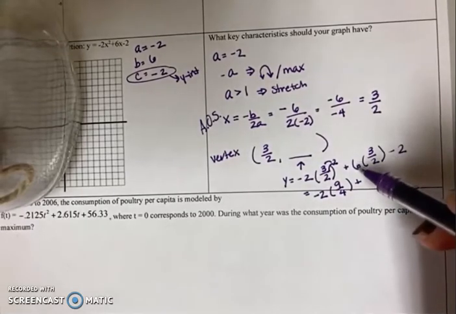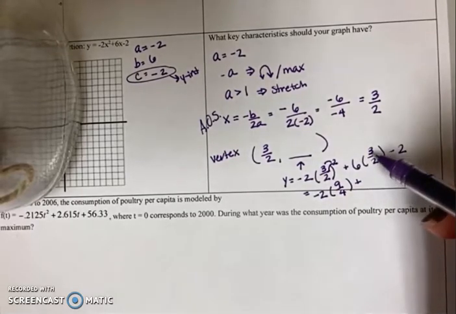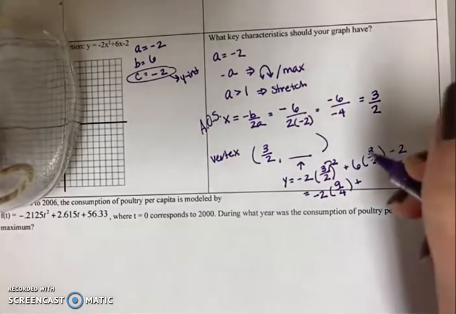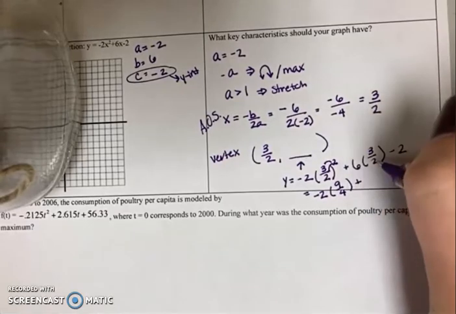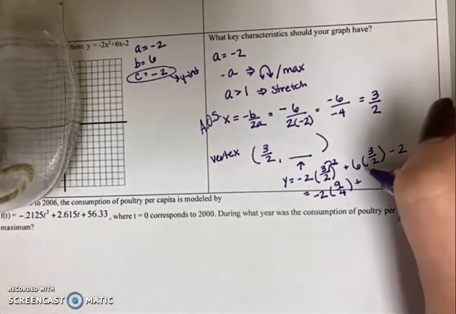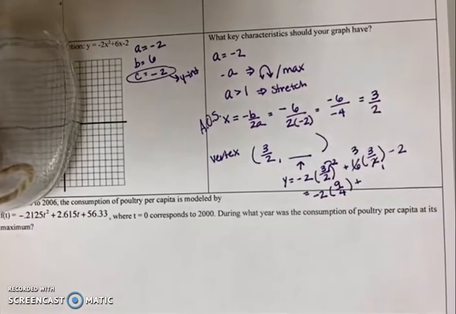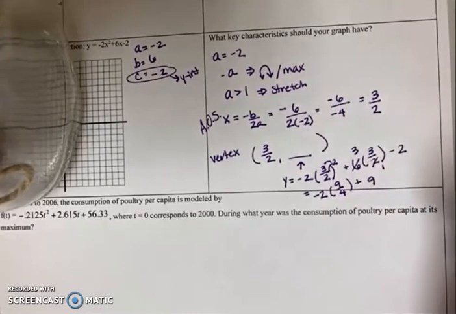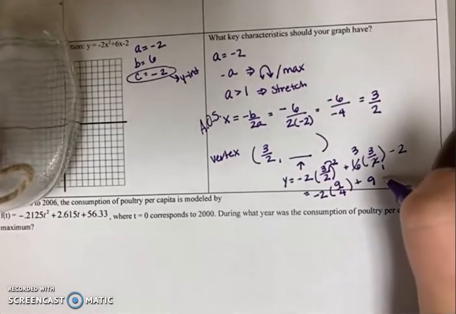So really, it's 6 times 3 over 1 times 2. Or, I know that 6 over 2 becomes a 3 over 1. So really, it's plus 9 here. Okay, minus 2.